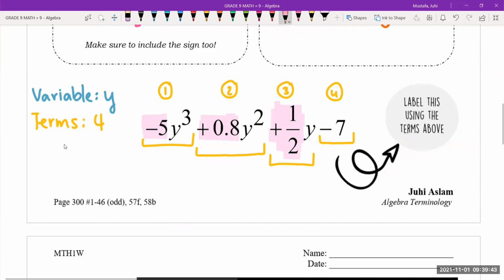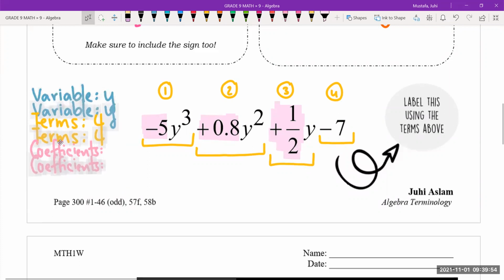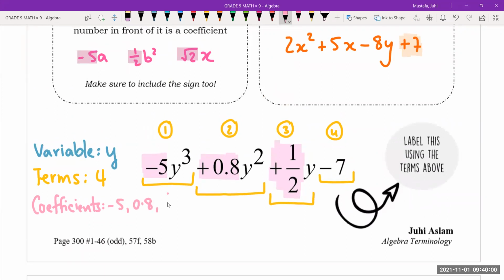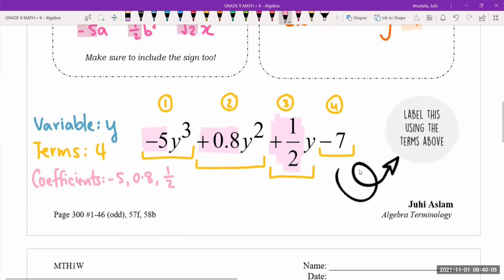So our coefficients are negative 5, 0.8, and a half. Now, how come I didn't highlight negative 7? Is negative 7 a coefficient, or does it have a different fancy word for it?